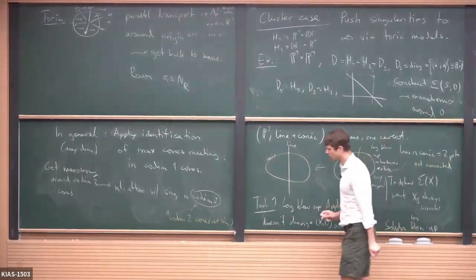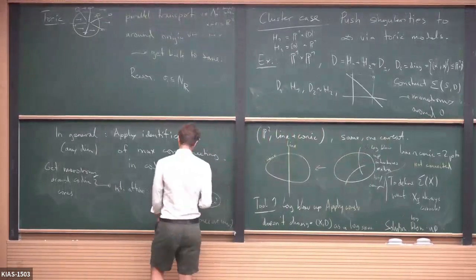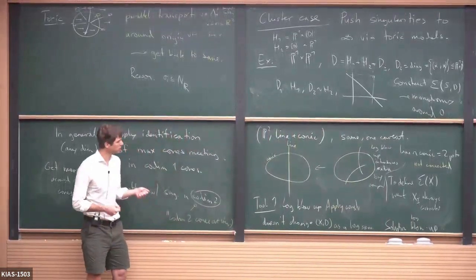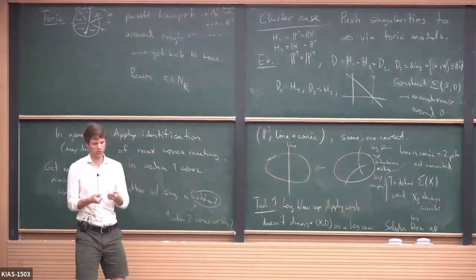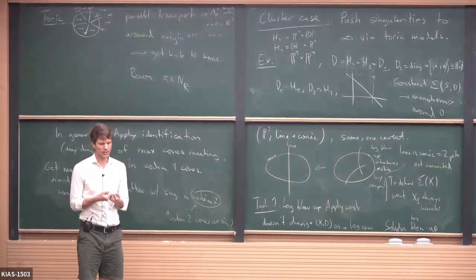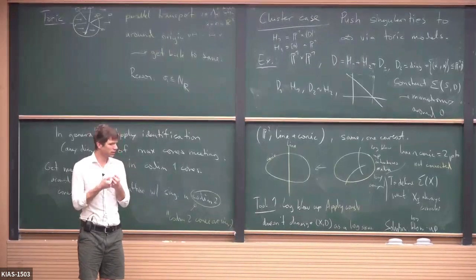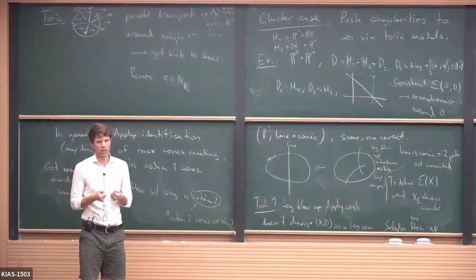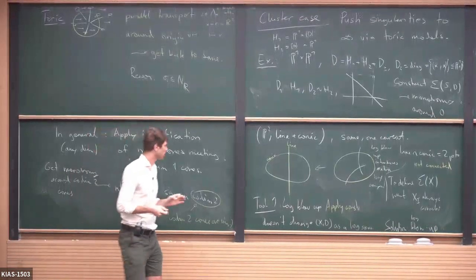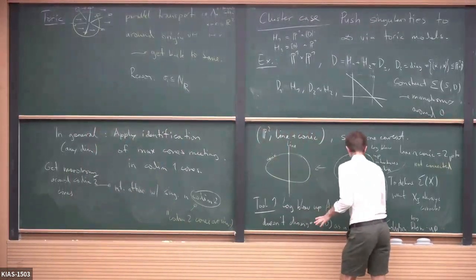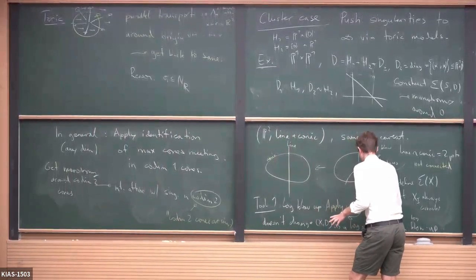I didn't tell you what the log space is, but it doesn't change it. So this is one of the first tools we're going to use for cluster varieties: we are always allowed to perform a log blow-up. It changes the boundary. It doesn't change the complement.